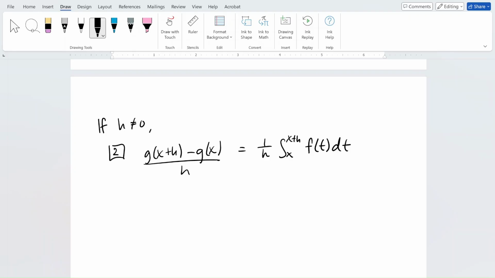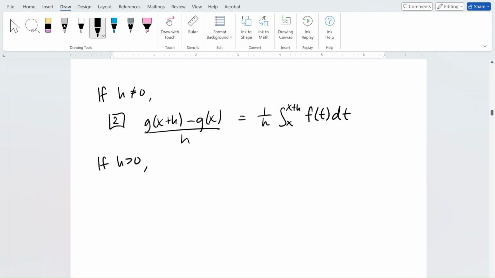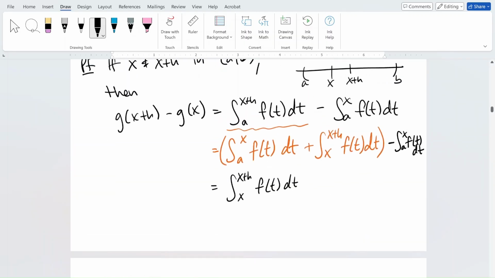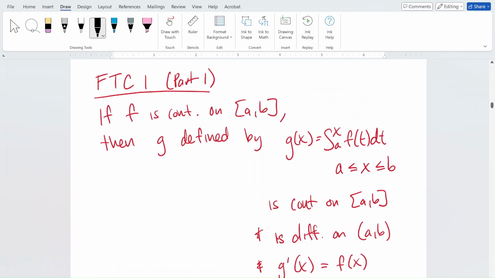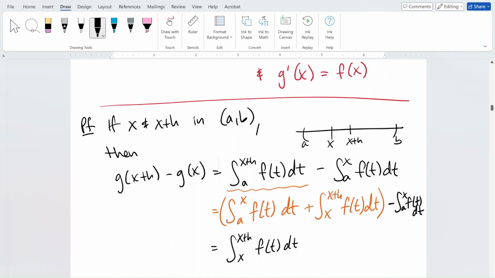And so now if h is non-zero, if h happens to be positive, so greater than 0, we also know already by our condition at the very beginning of the fundamental theorem of calculus that f is continuous on a to b.